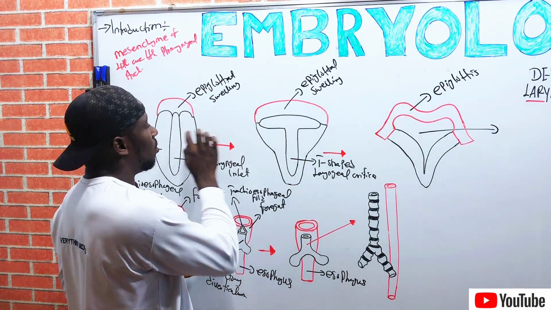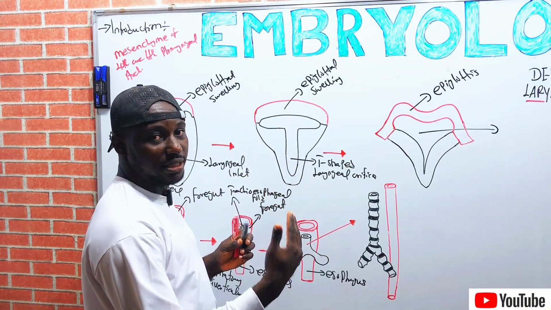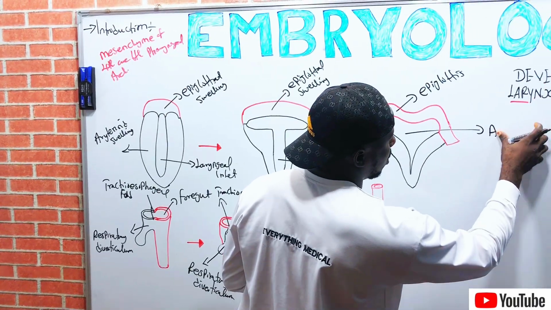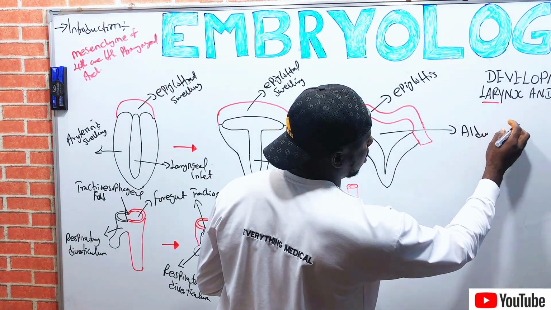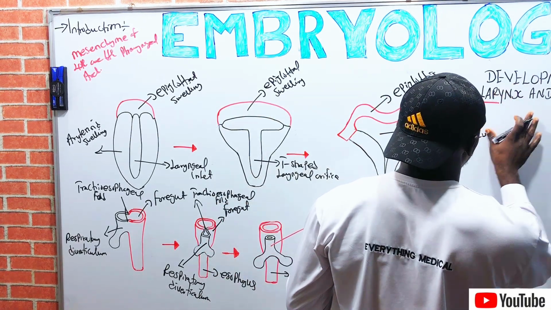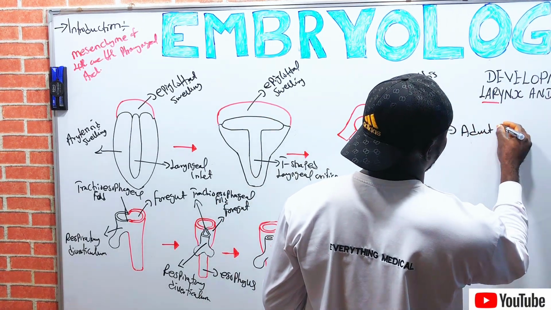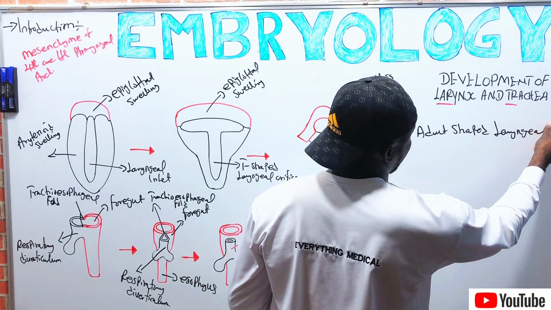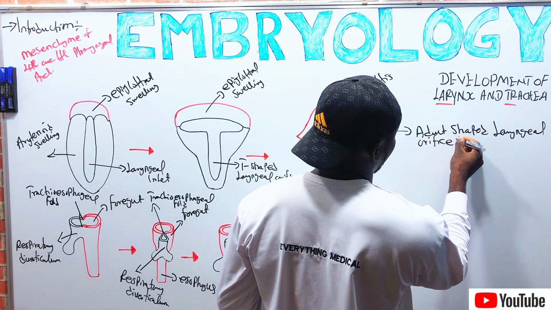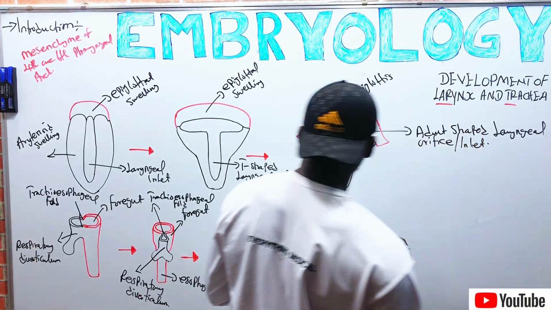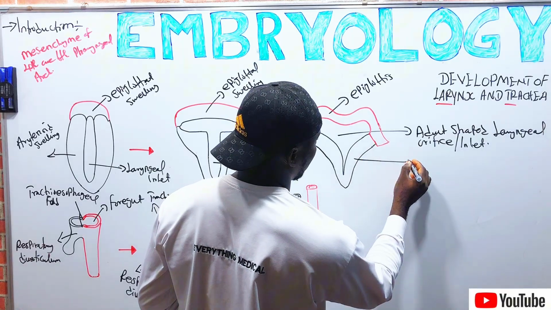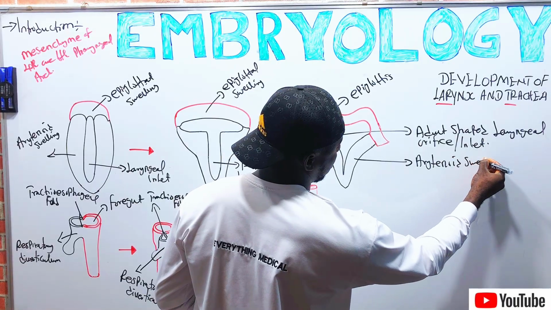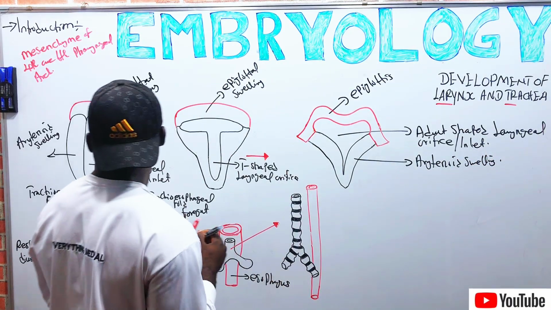All this shape was the developmental processes, right? So this is an adult-shaped laryngeal orifice. This remains the arytenoid swelling.